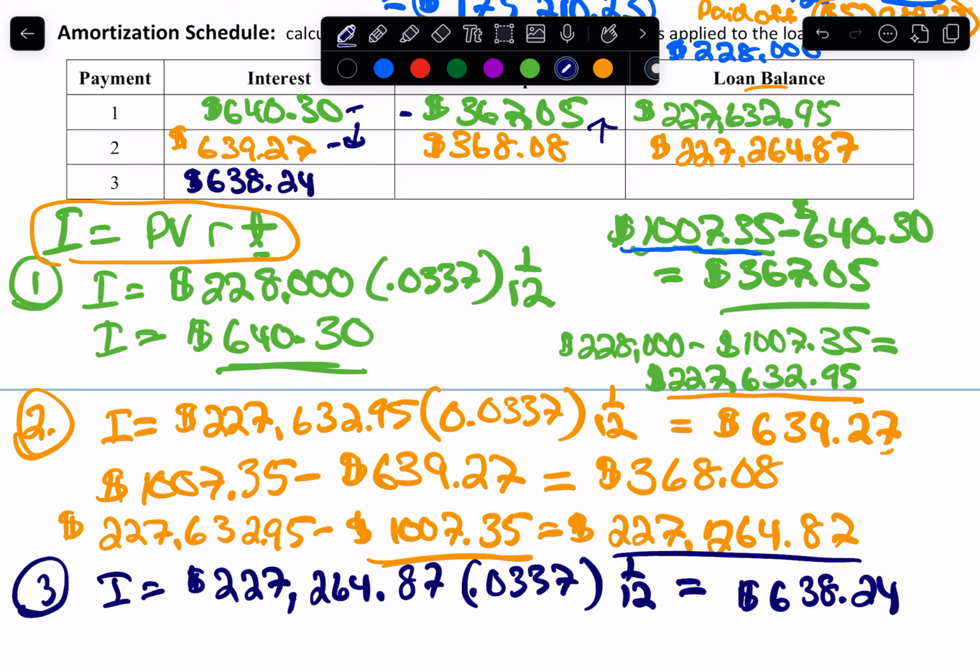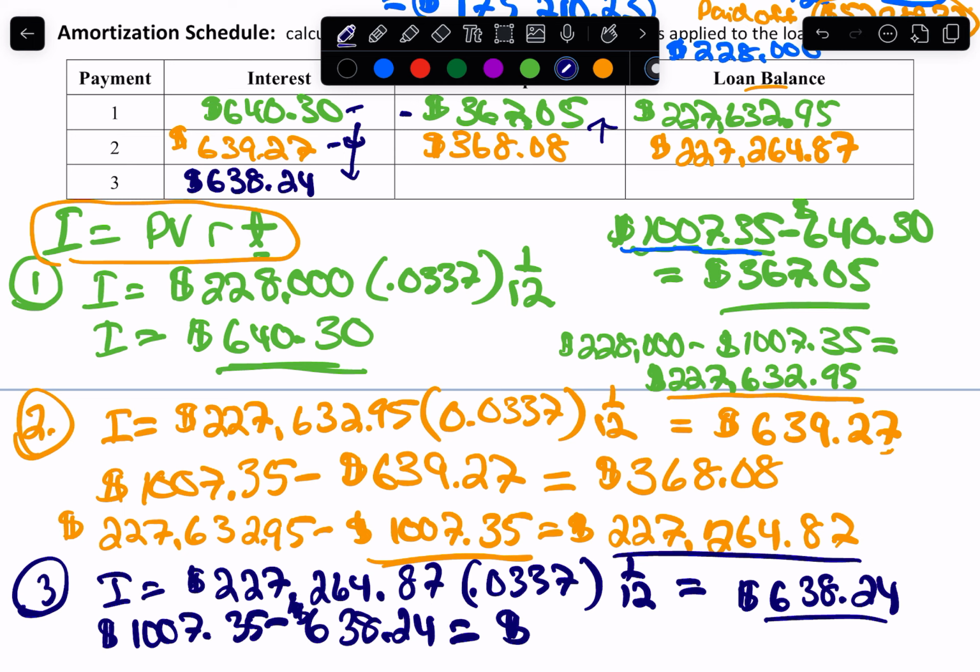See how this is still decreasing. Now, again, our monthly payment is $1,007.35, and we're going to subtract this interest part from it to find how much we are paying toward principal in that third payment. That's going to be $369.11. So that is still increasing the amount as we pay. We're paying more and more from the principal amount.